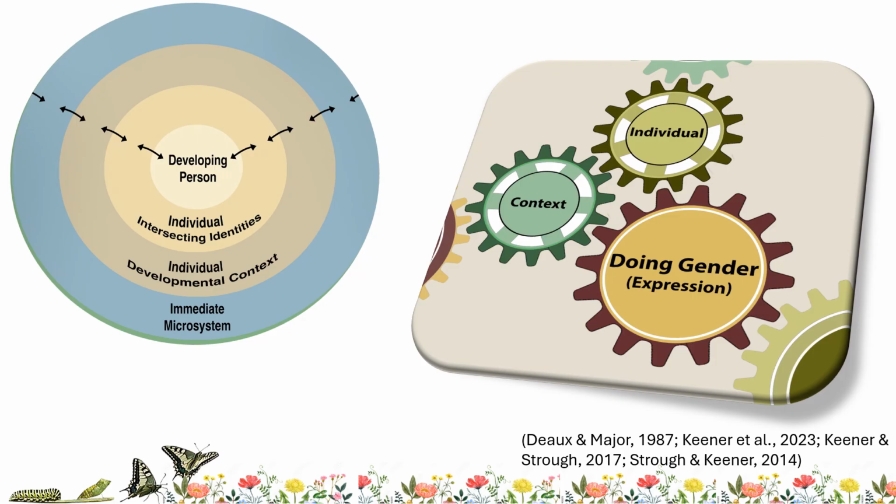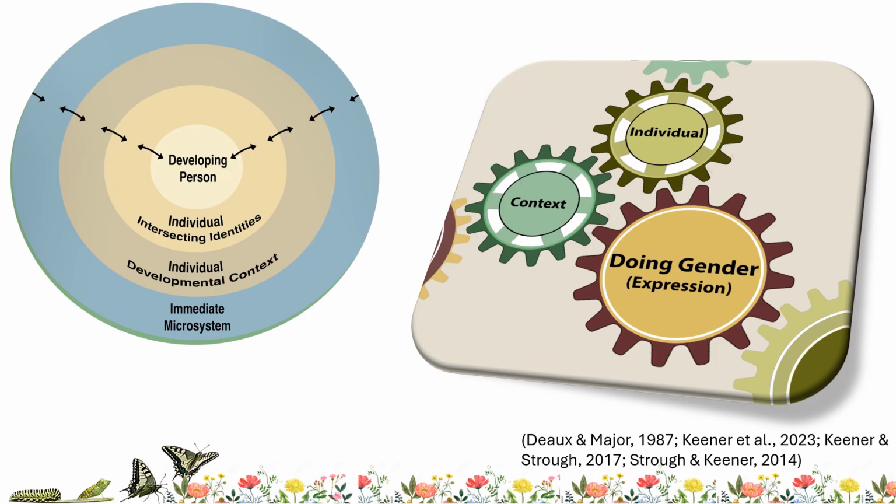From a social contextual approach to gender, gender expression is dynamic or context dependent rather than stable across context. So rather than being trait-like, it is state-like is another way to say that. From this perspective, gender is expressed to meet the demands of the immediate context.